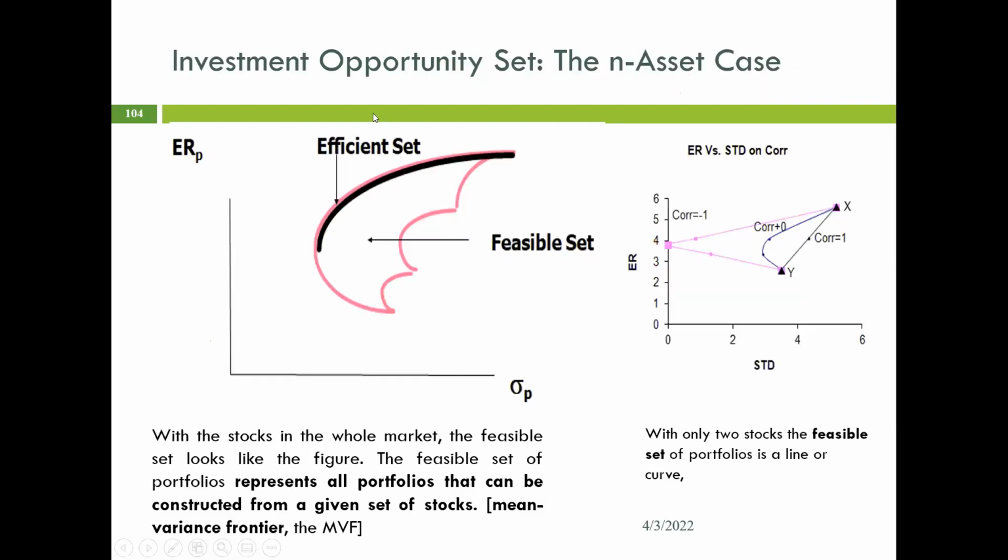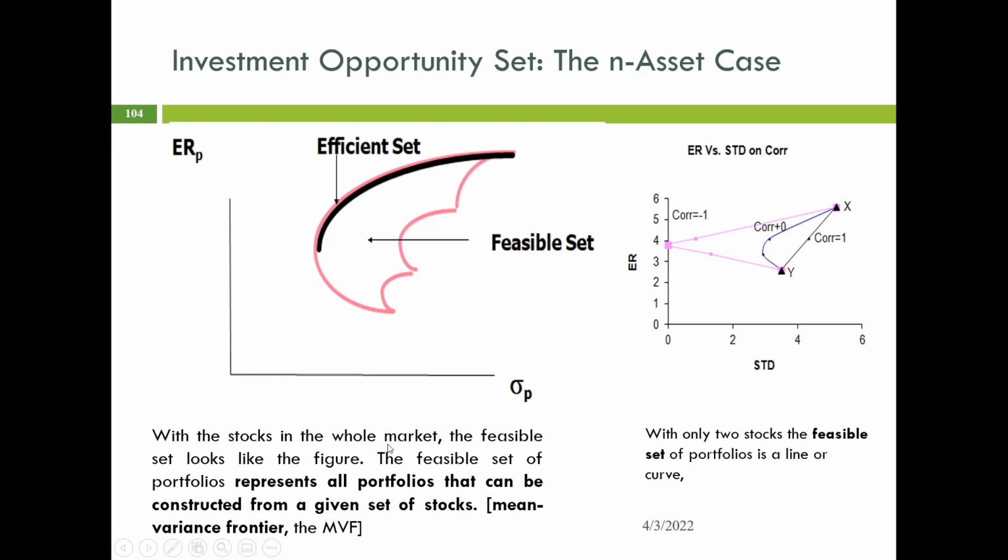For that, there is capital market theory. Now you can see two diagrams here. This is the investment opportunity set, or what we call the efficient set of portfolios, with the stocks in the whole market.